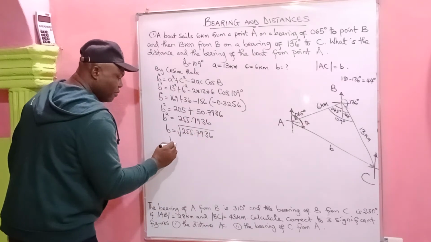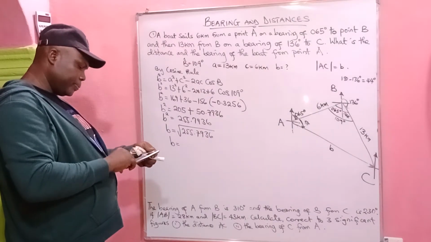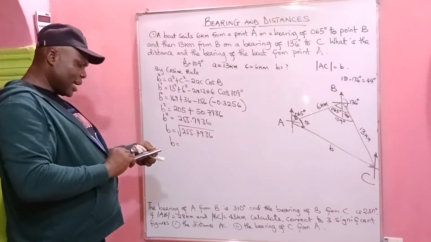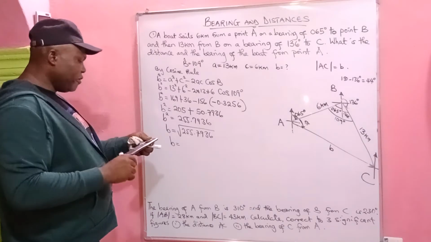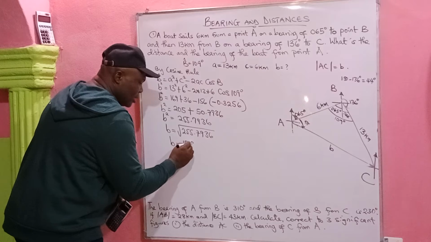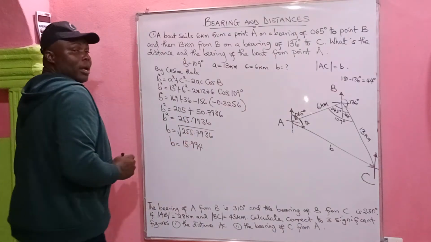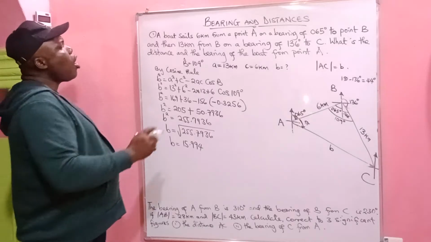That will simply give us b. So the square root of that answer will give us 15.994.